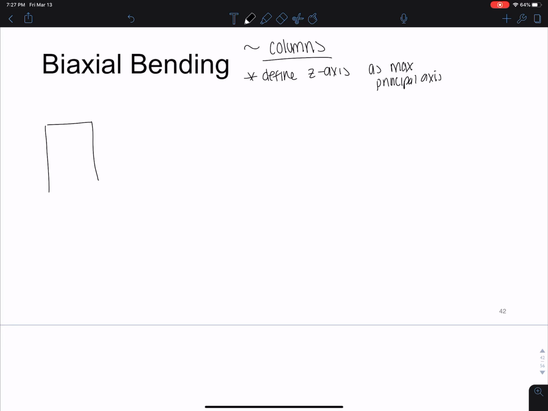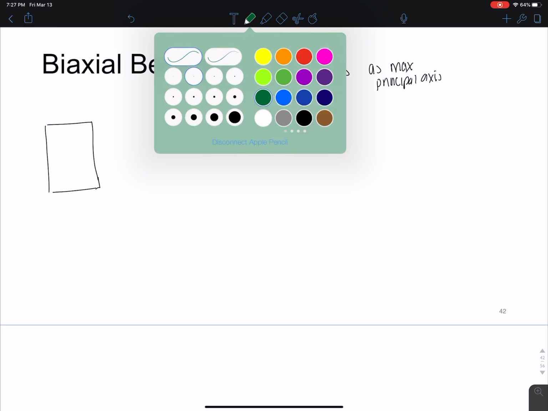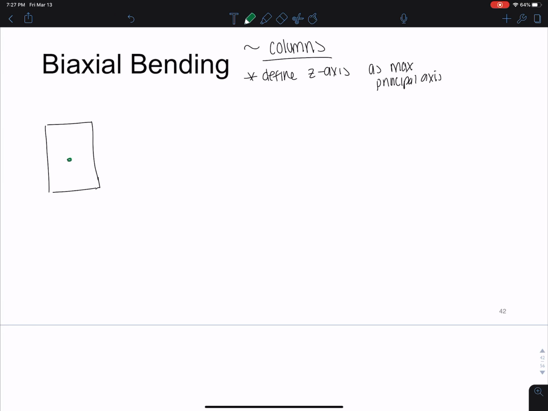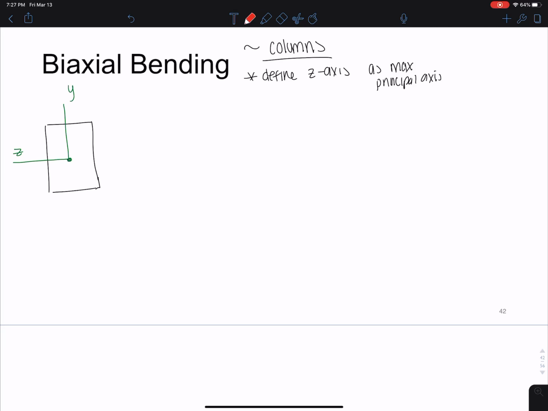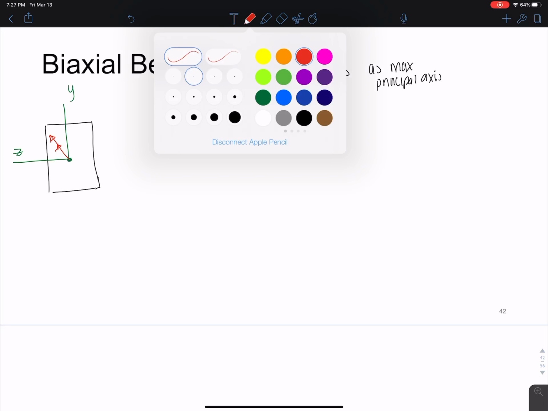So let's have a couple of pictures here to demonstrate what's happening. This is our rectangular cross-section, and if this is my center, this is the y, and this is the z, what I'm saying is that my moment is applied here at some angle theta.